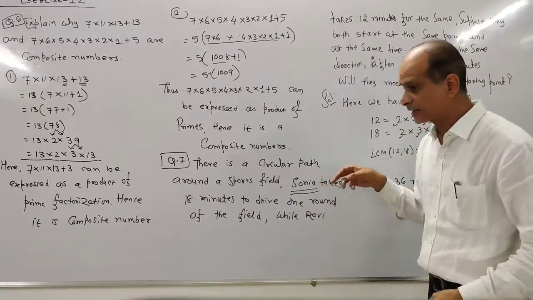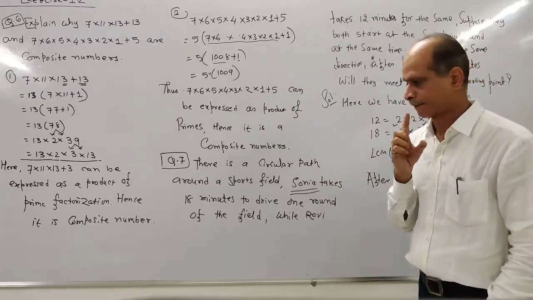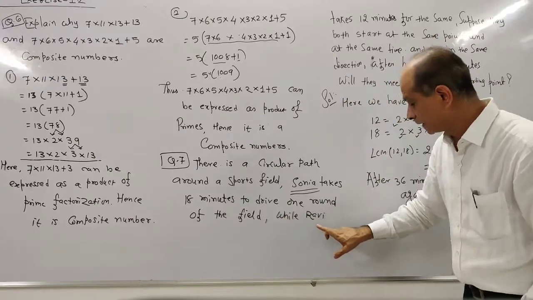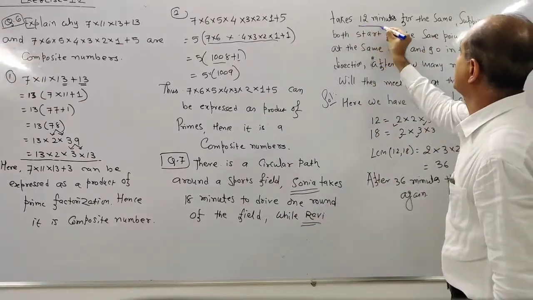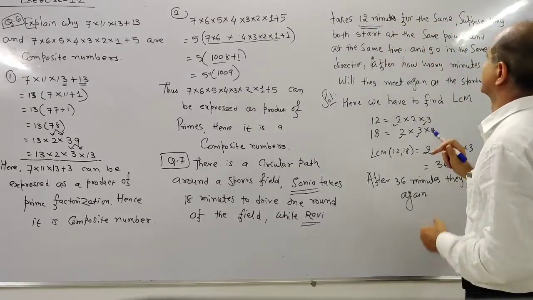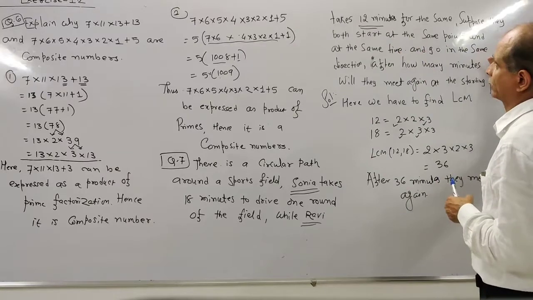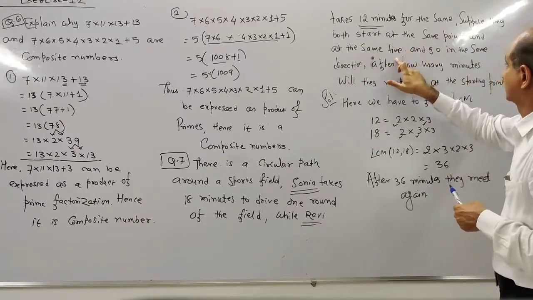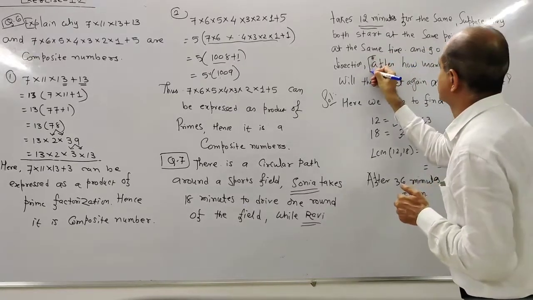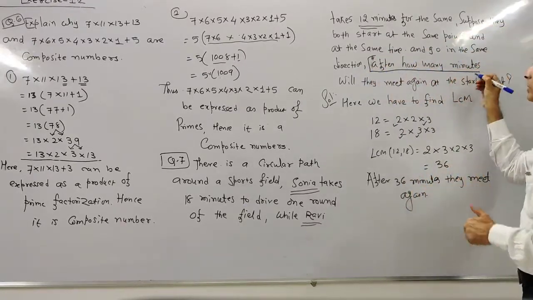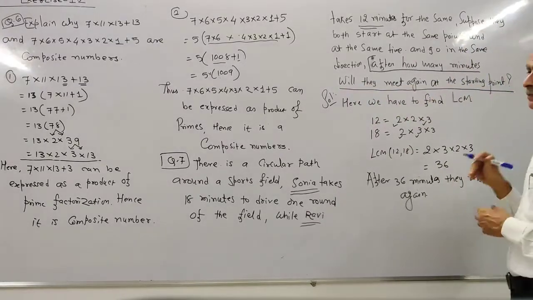So Sonia takes 18 minutes to cover a circular distance, while Ravi takes 12 minutes for the same. Suppose they both start at the same point and at the same time and go in the same direction. The important question is, after how many minutes will they meet again at the starting point?